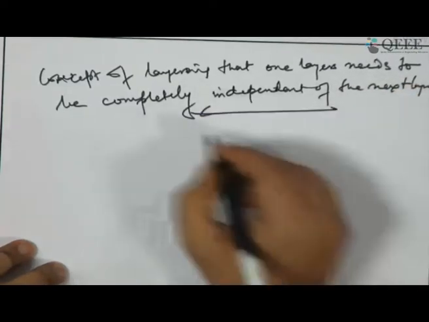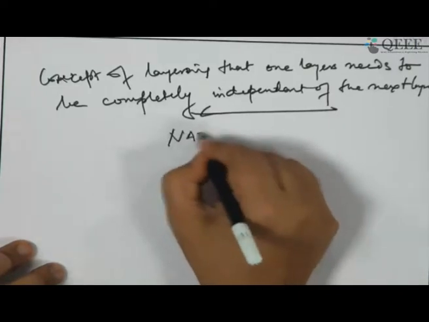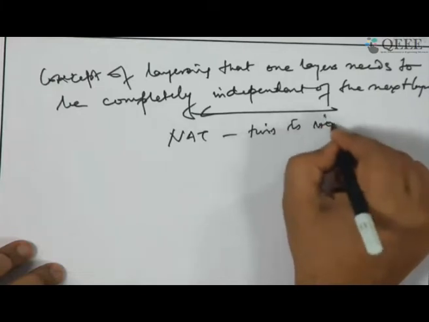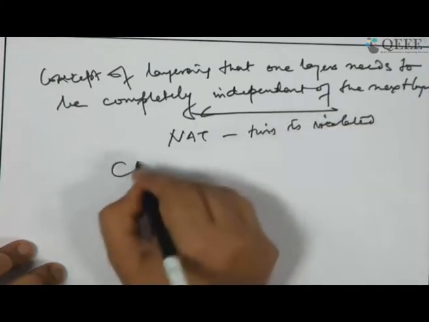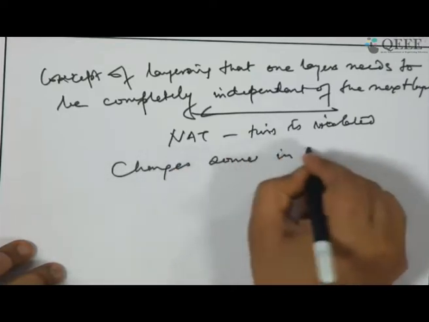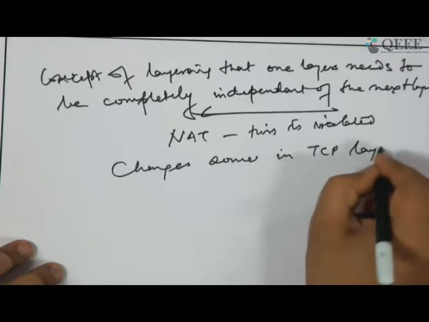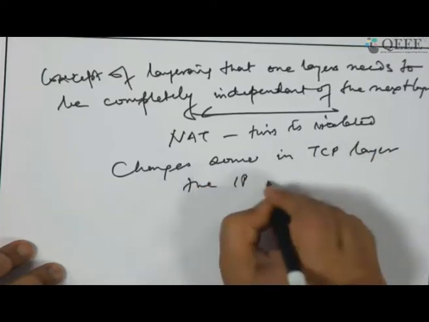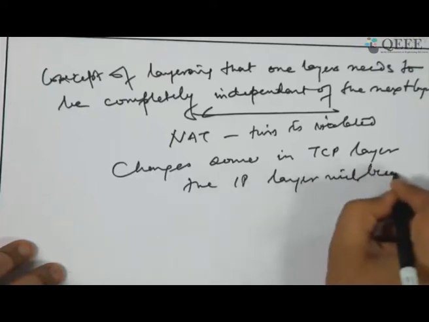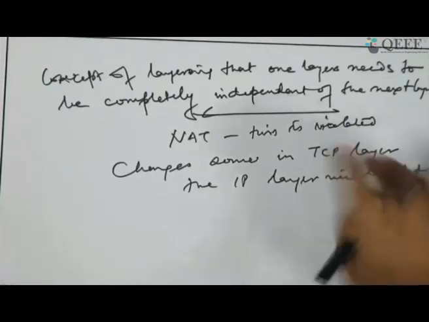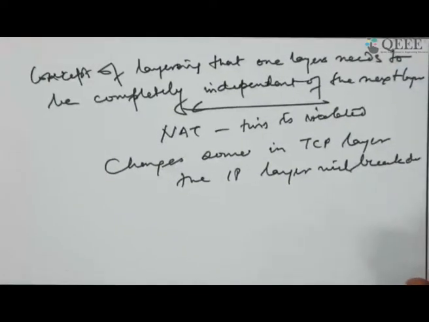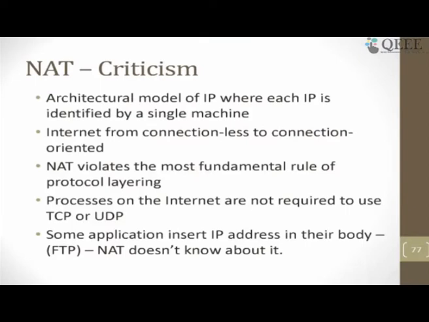Unfortunately, in NAT, this is violated. So even if you change something in the TCP layer, the IP layer will break down, which is not a very good thing. This is the number one disadvantage, and the main disadvantage.